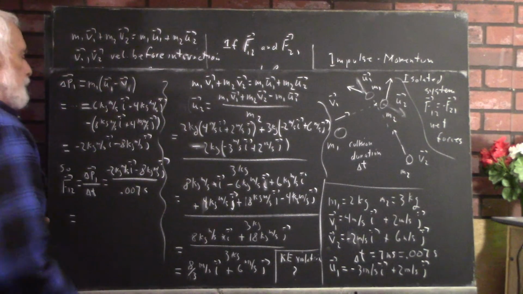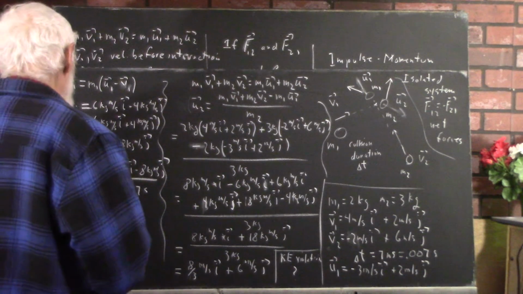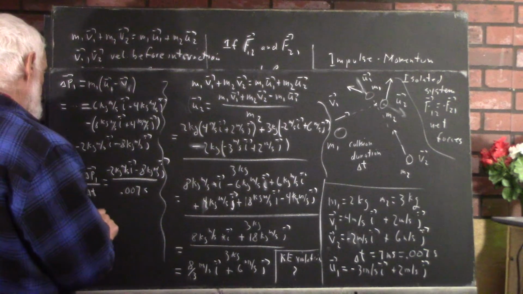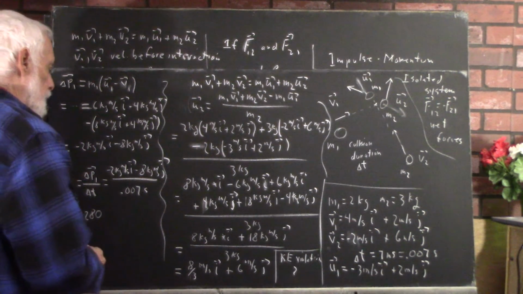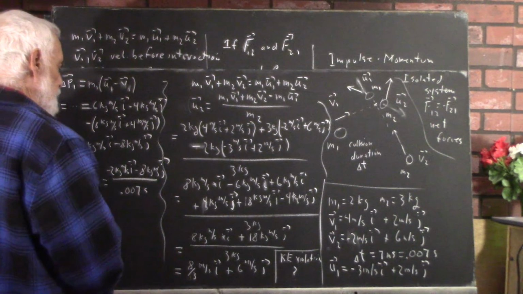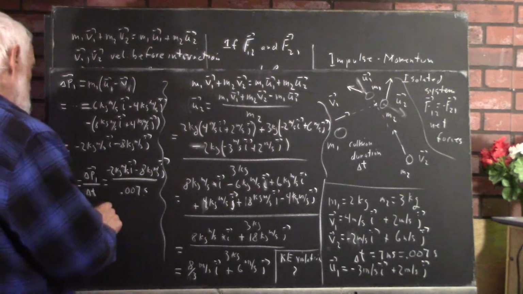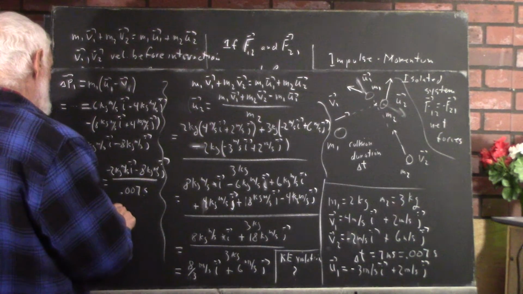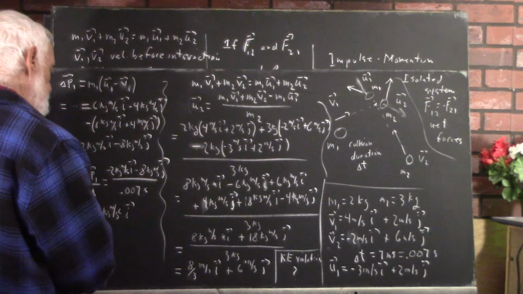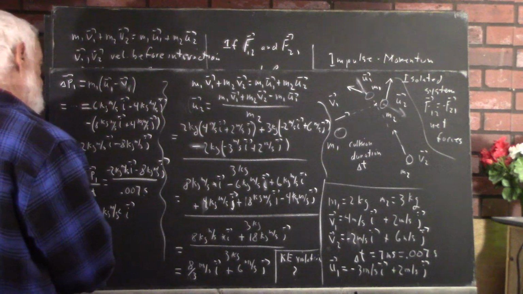And that comes out, well, let's see, it'll be about 140 times this. It's going to come out about negative 280, and it's kilogram meters per second divided by seconds, which is kilogram meters per second squared times I. And then 140 times that is going to be 1,080.